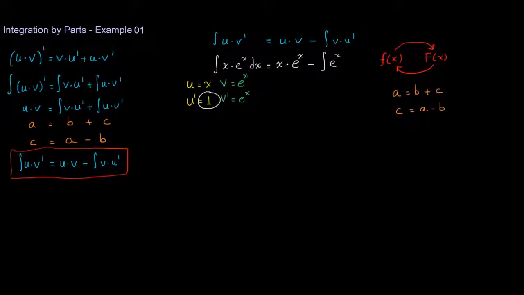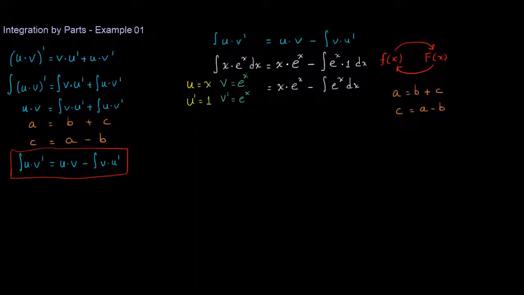Now u prime is equal to 1, so it's going to be times 1 dx. Now I'm going to write this in a simplified version without this 1, and we get x times e to the x minus the antiderivative of e to the x dx.